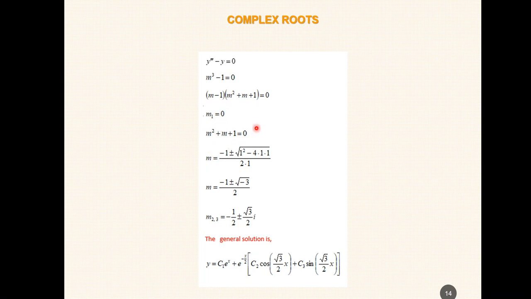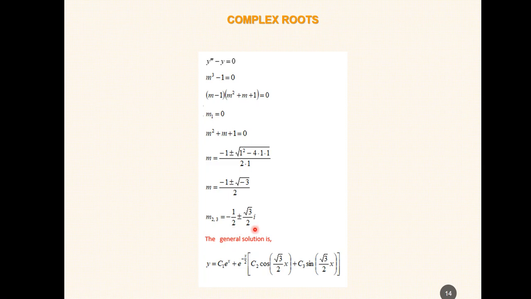And this is your quadratic equation. So the roots for this quadratic equation will be in the form of a pair of complex conjugate roots. So if we write the general solution, we need to account for the first real root. So this should be 1. It needs to be edited. So this should be 1, and this is that 1 here.